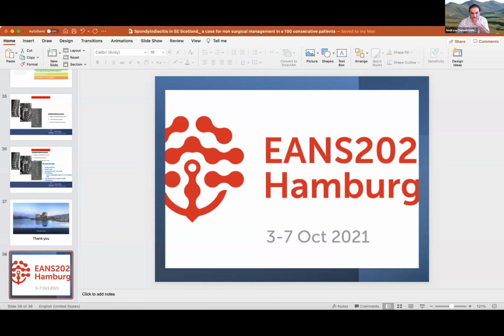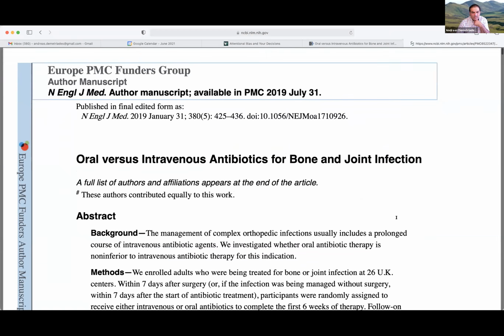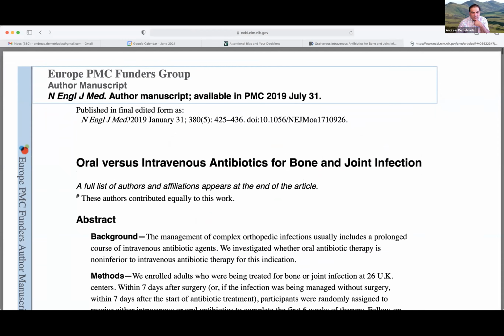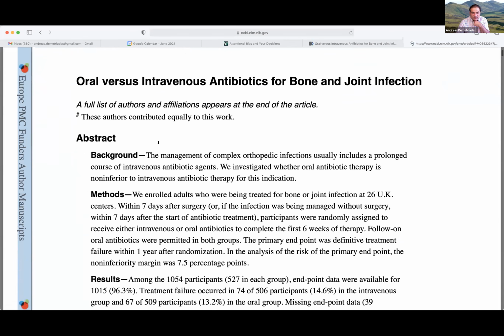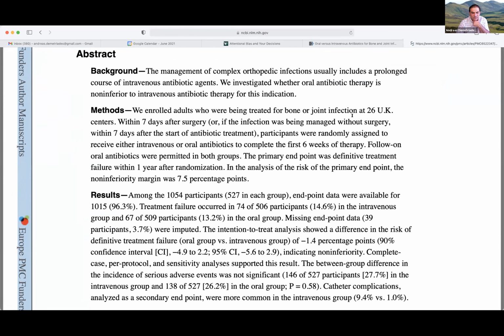It's not the traditional PDF view, but this is only from 2019, so it's 2 years old. It's not specific for spine, but it is for bone and joint infection, which is what spondylodiscitis is part of.